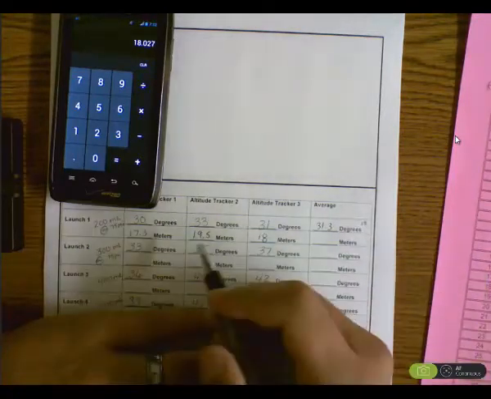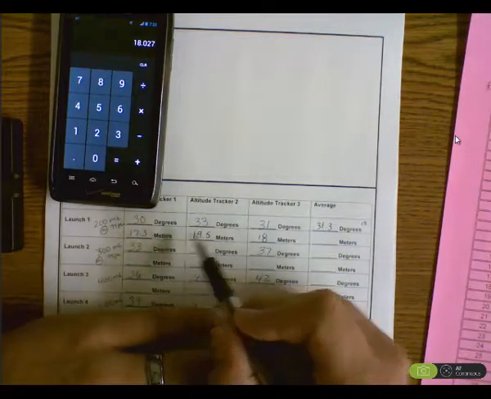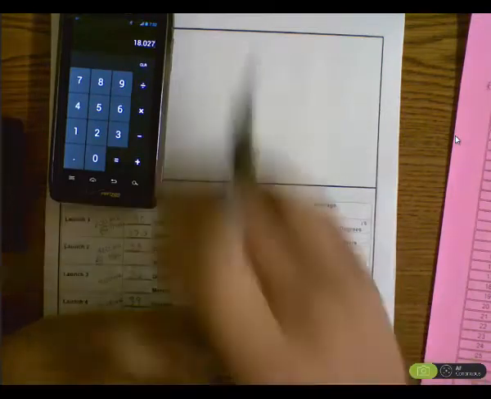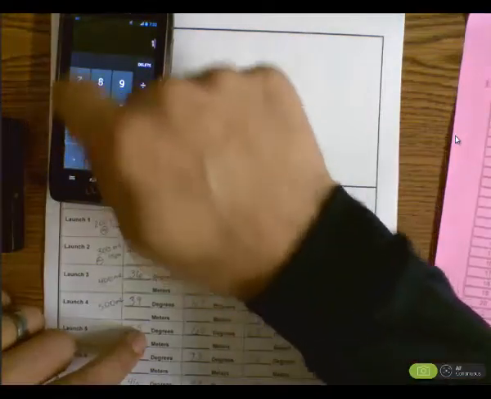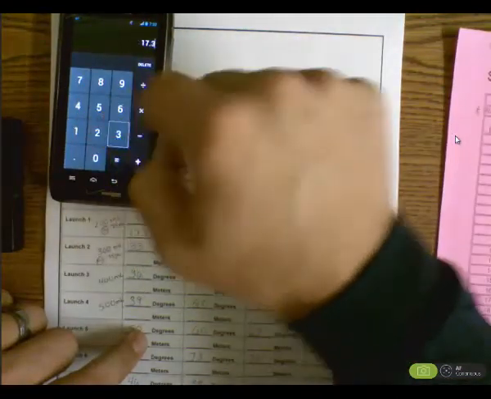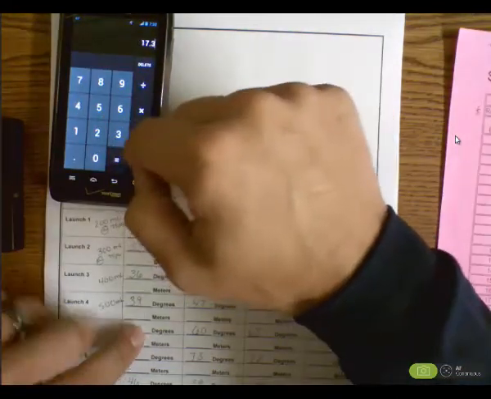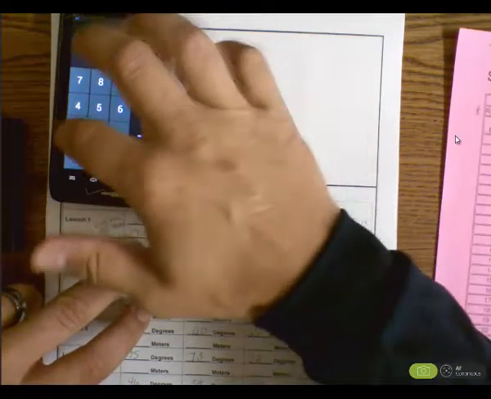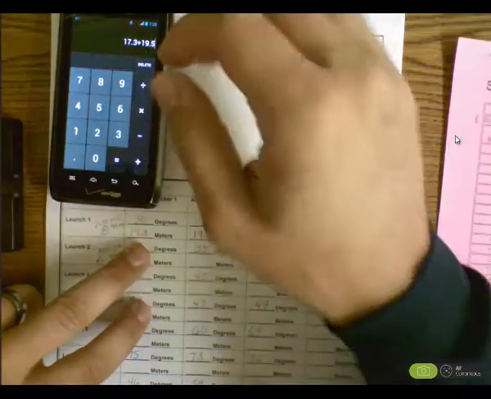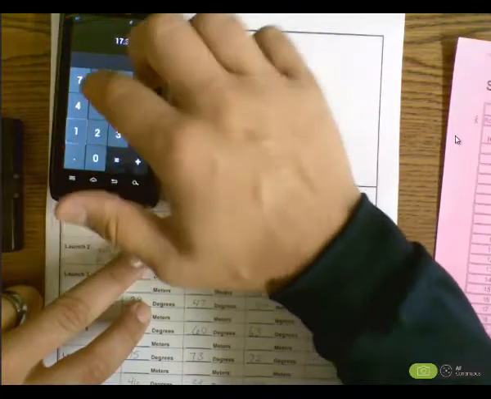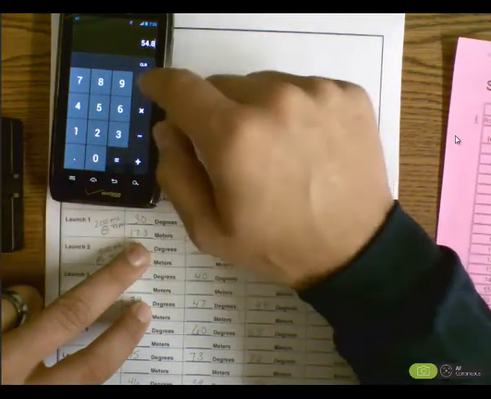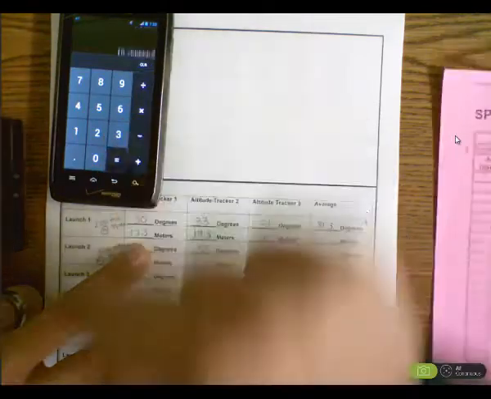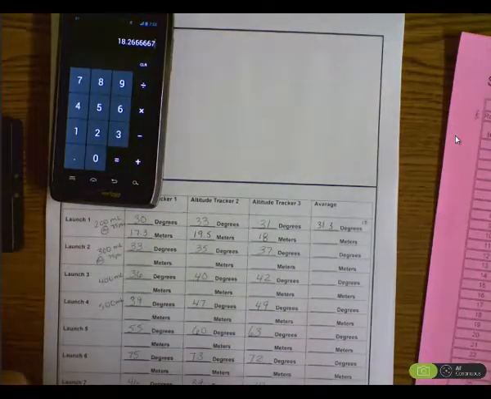Now I'm going to go down here and average out all of my meters. So I've got 17.3 plus 19.5 plus 18 equals 54.8 divided by 3 equals 18.2.